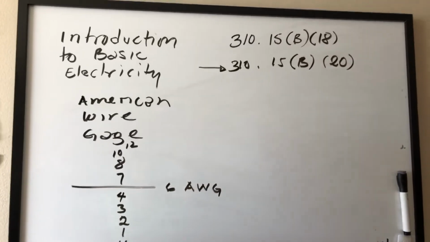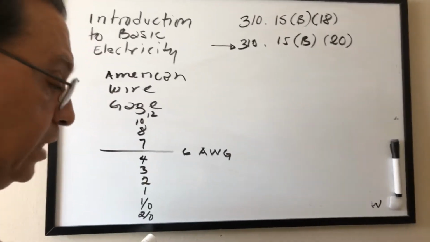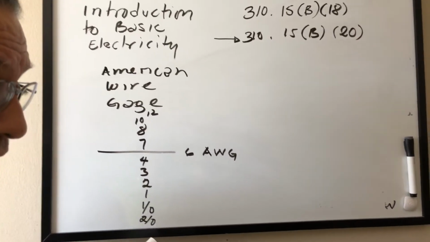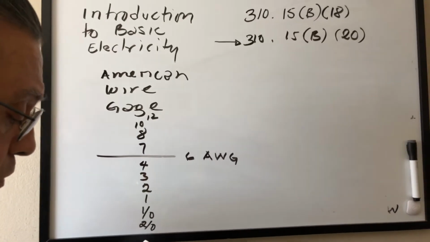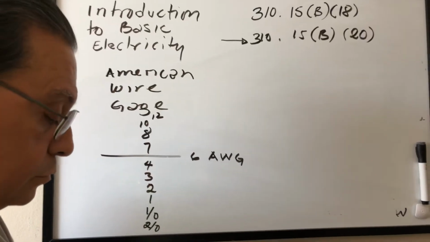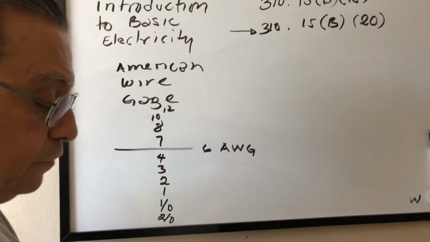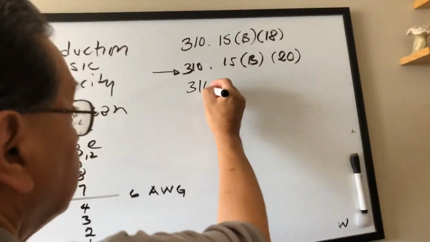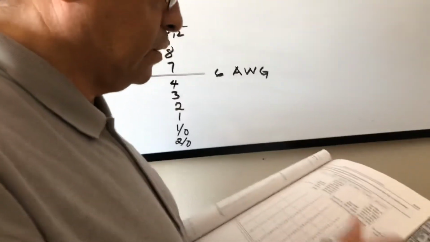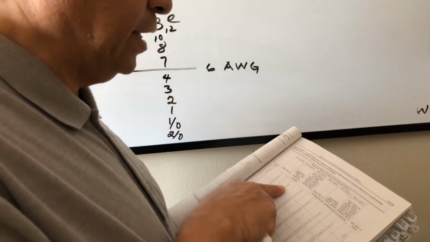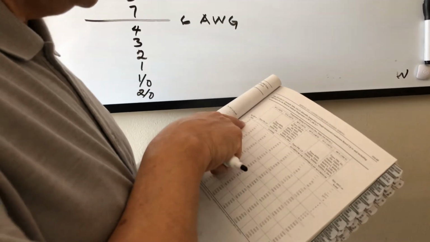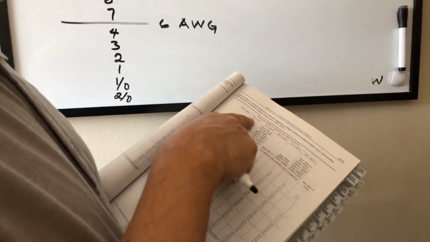For example, if I need to feed 10 fluorescent lamps, I will need an electrical conductor in my circuit that is able to transport, let's say, 10 amperes. So if I go to this table and I check, let's see, 310.15(B)(16), which is the other table, for a single electrical conductor at 75 degrees Celsius, number 14 is able to transport 20 amperes.